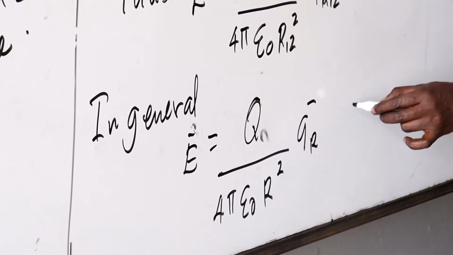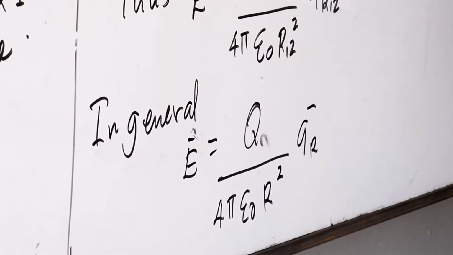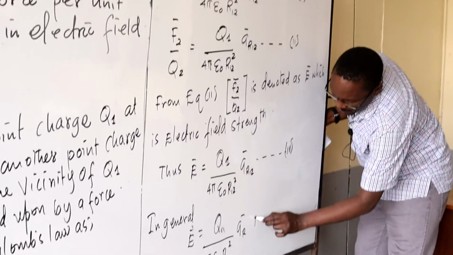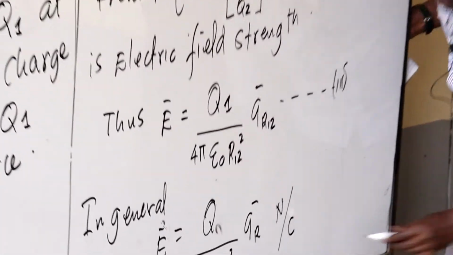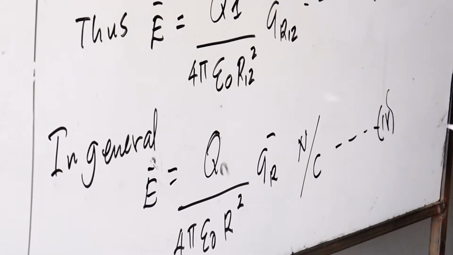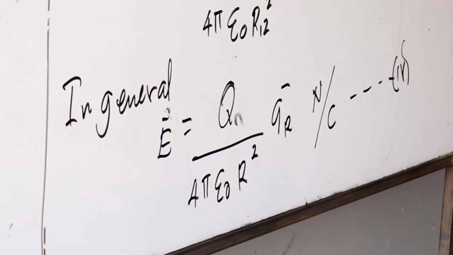This is the general equation for electric field strength. And since electric field strength is force per charge, the units must be newtons per coulomb. So that is our equation 4 for our electric field strength.